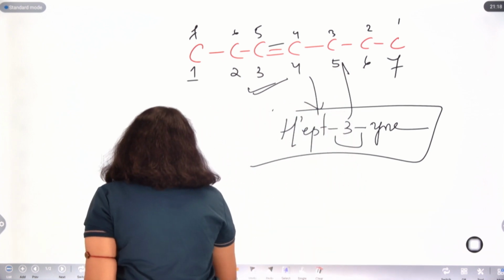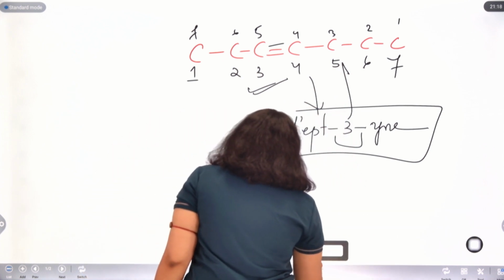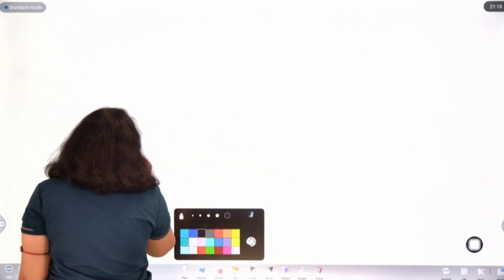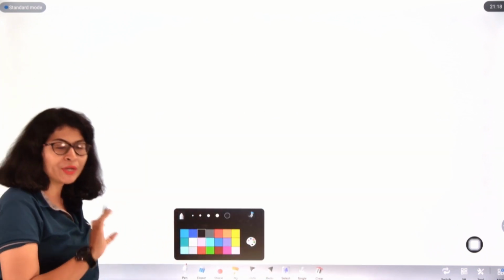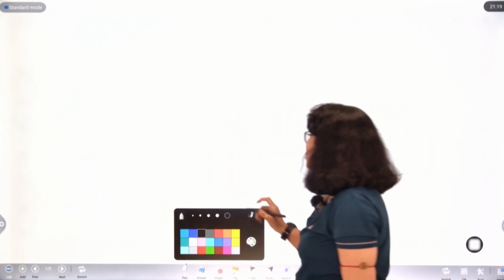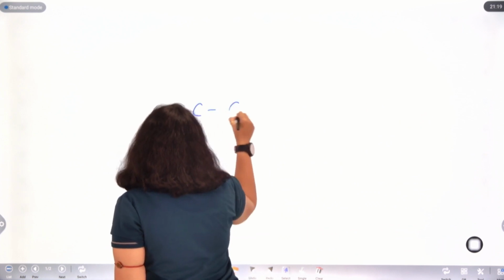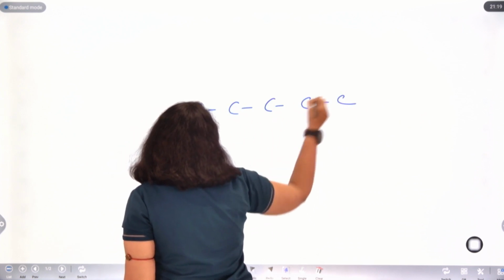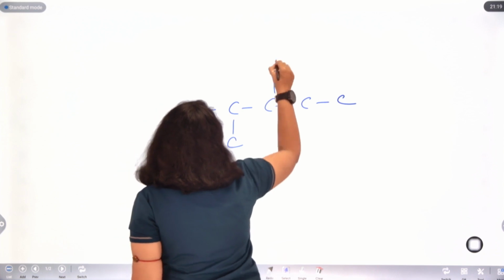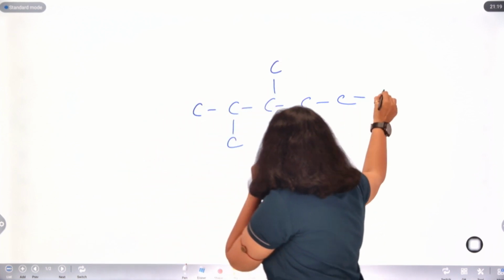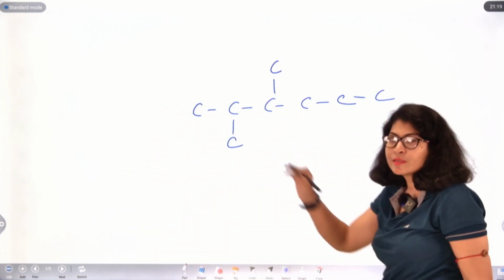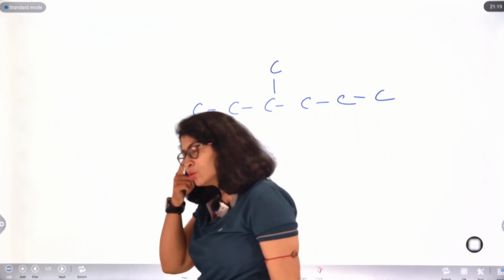Now, this was all about straight chain compounds. If I see a branched chain, what happens? Suppose I'm giving you carbon, carbon. I'm ignoring hydrogen because hydrogen by default is there.